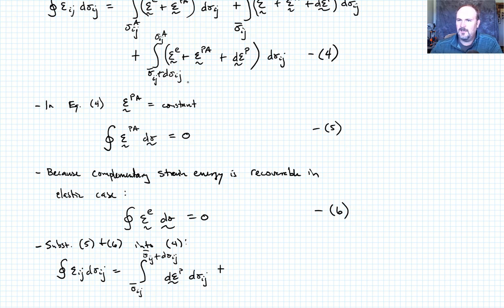So this third integral ends up being the integral from sigma ij bar plus d sigma ij to sigma ij A of d epsilon p times d sigma ij. Okay?